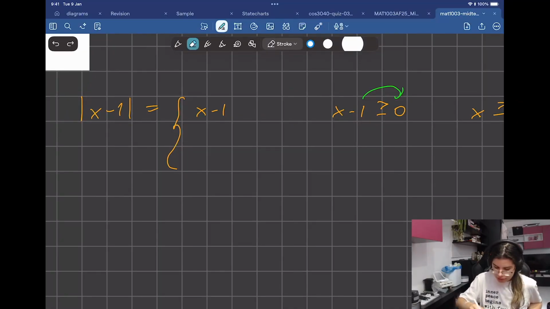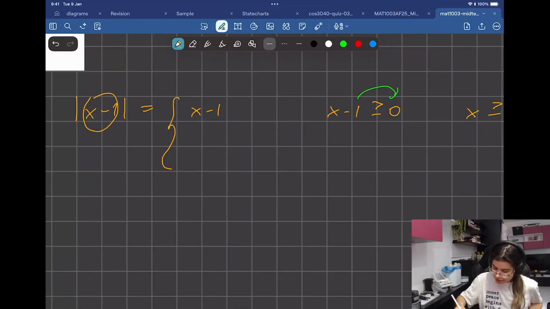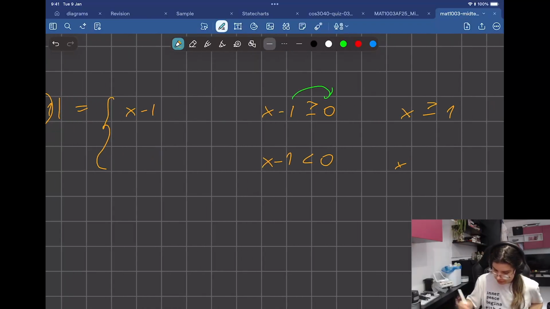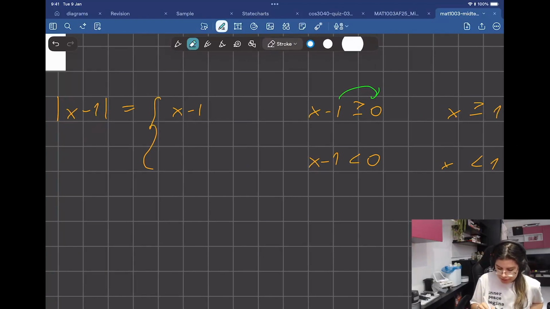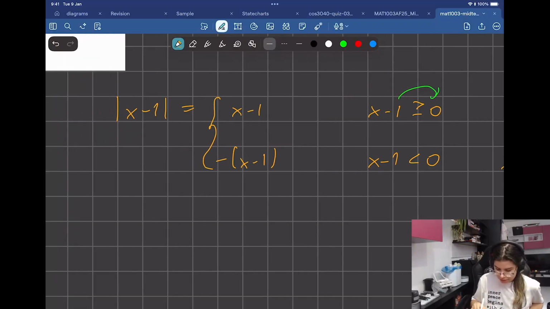But if that original expression inside turns out to be negative, so if x minus 1 is less than 0, meaning x is less than 1, then the result of the modulus would be the expression with a minus in front, right? So for example, if you had modulus of minus 5, then you would have almost the same thing, but with a minus. So it's going to be minus minus 5, which is 5.